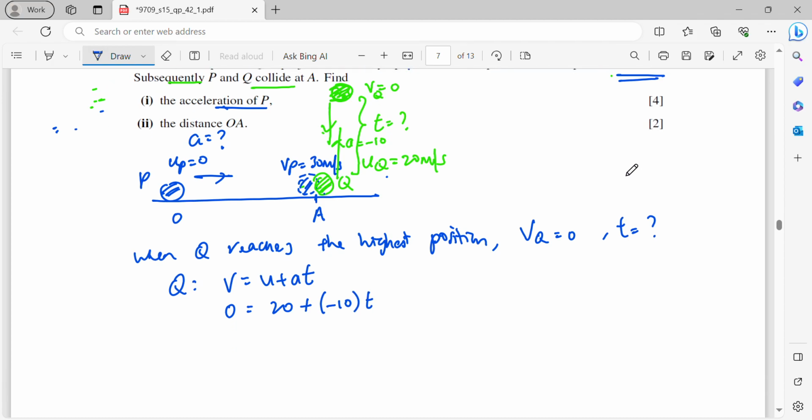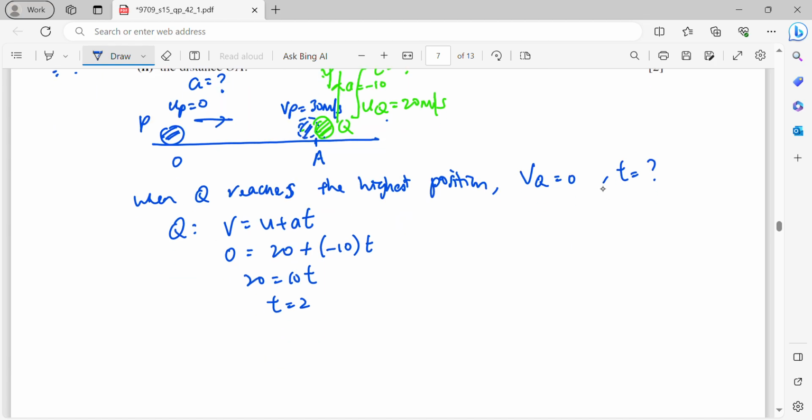Therefore, from this, I know that 20 equals to 10t. Therefore, T is 2. So I need 2 seconds for Q to reach the highest position. So if Q needs 2 seconds to reach the highest position, it also needs the same time interval to come back to the initial position.